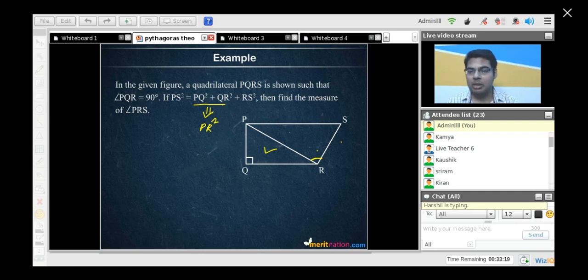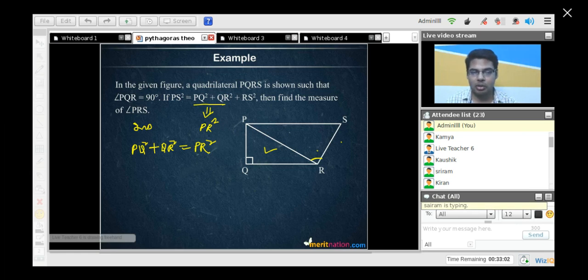That is what I am explaining, the reason, Gautam. We will not simply say that it seems to be a right angle, we will say it is a right angle, right? So is it clear that PQ square plus QR square equals PR square by the Pythagoras theorem in triangle PQR? Yes?